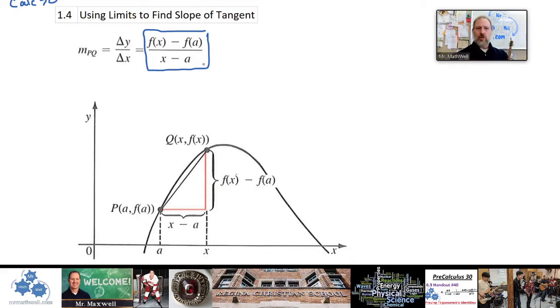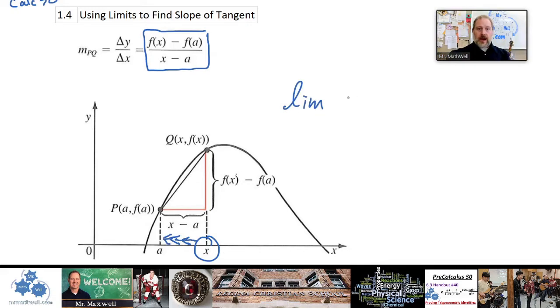And that's what we're going to do. We are now going to look at this slope formula, and I am going to ask myself, what would this slope value become if x, this x right here, were to approach a? Ooh, that's a limit.